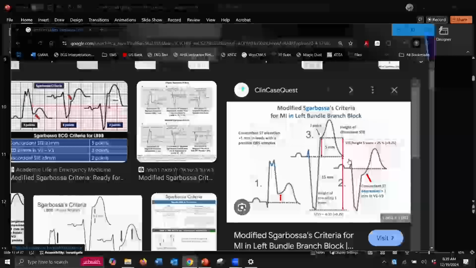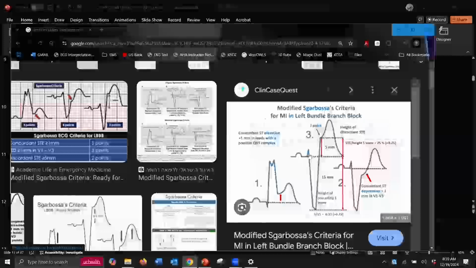Well, Dr. Smith did this huge trial, and if you look at your QRS amplitude, the deeper that amplitude goes, the more reciprocal that ST elevation will be. So he said, 5 millimeters is good, but let's hone this down a little bit more. If that is greater than 25% of the total R wave height.